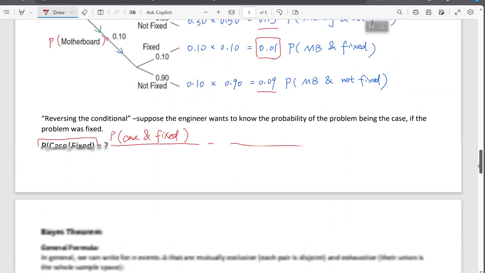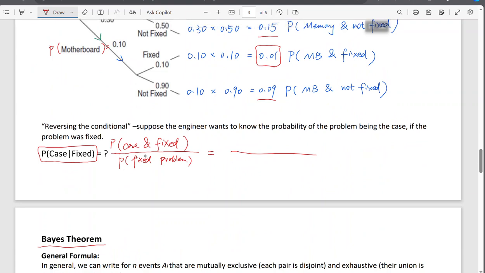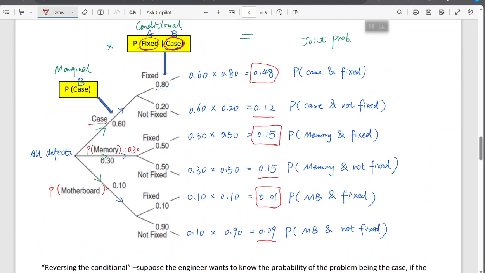The bottom is not a conditional or joint probability, so I don't care what kind of problem it is. We only care about one event, so this is a marginal probability. I don't care whether it is a case alignment problem, memory problem, or motherboard problem.